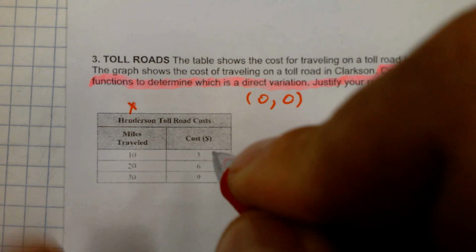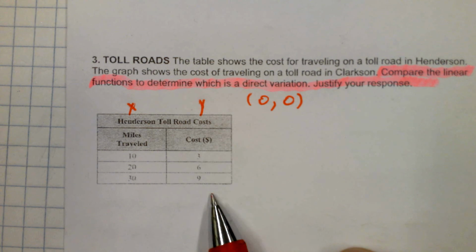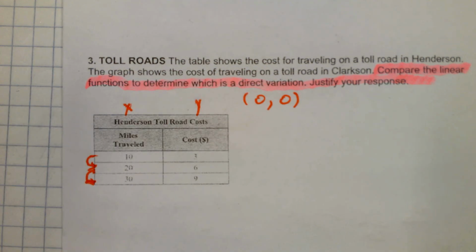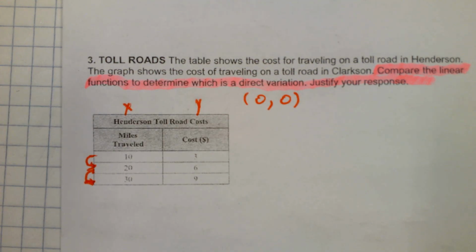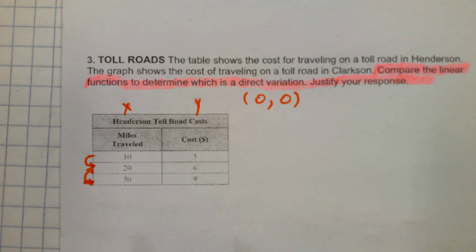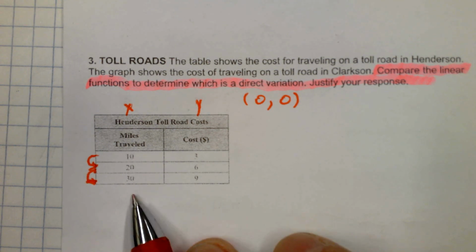So we're going to do that little skill that we just did. Let's figure out the rate. This is X, miles traveled. This is Y, the cost. How much are we increasing in miles each time? We're going 10 to 20, 20 to 30.